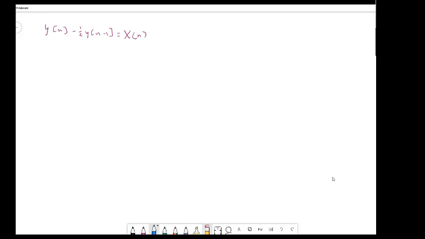My input was just a unit step input, and my initial condition is y of minus 1, which was equal to 10. So the first step, we want to Z transform the difference equation. But in this case, now we want to use the one-sided Z transform.